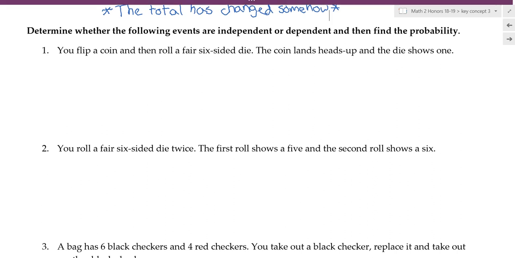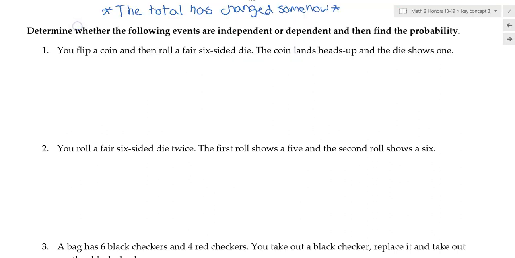Looking at number 1, I flip a coin and then roll a fair 6-sided die. Are these independent or dependent? Whatever I get on that coin is not going to affect my die. My 6-sided die is still going to have 6 sides when I'm done. So this is independent.